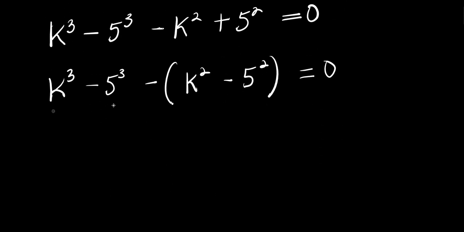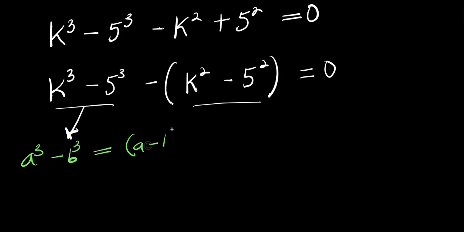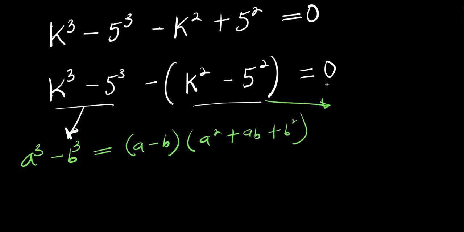So it's time to expand this and this. To expand this, we have a power 3 minus b power 3 equals a minus b times a squared plus ab plus b squared. To expand this, we simply have a squared minus b squared, which equals a minus b times a plus b.